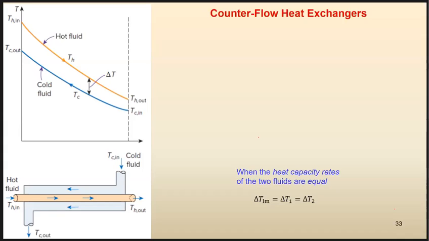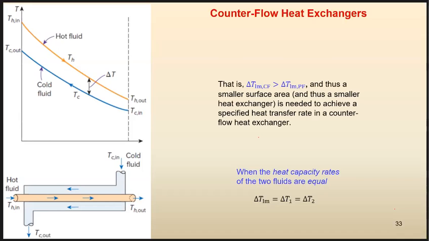And on average, overall, in a counterflow heat exchanger, we have higher. So let's say you have the same structure in terms of the length and the area, and you have the same inlet at the cold side and the hot side.